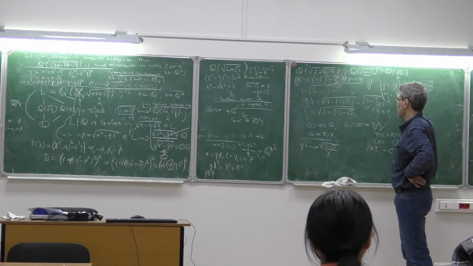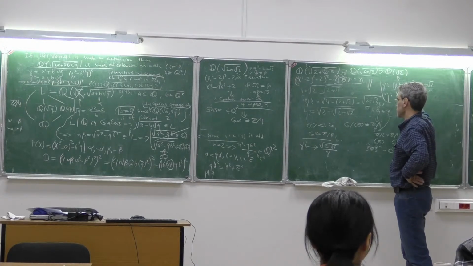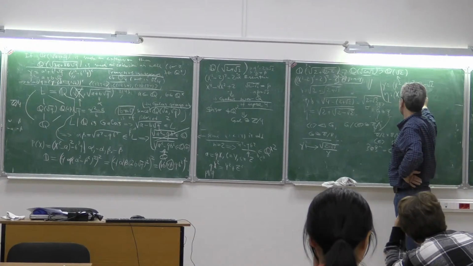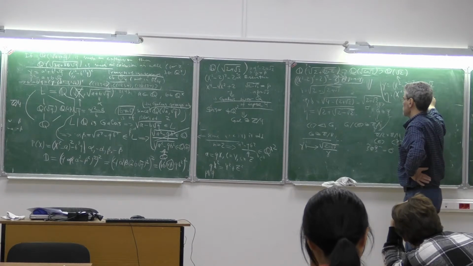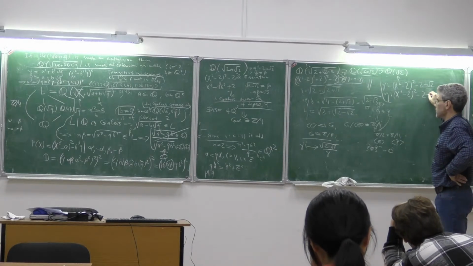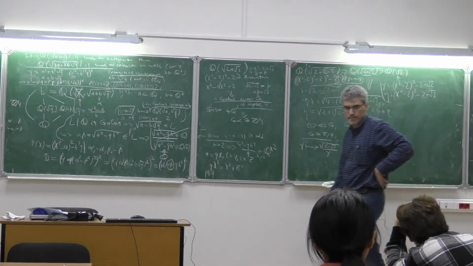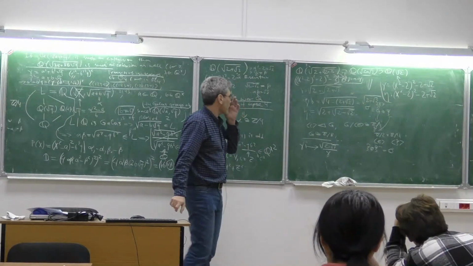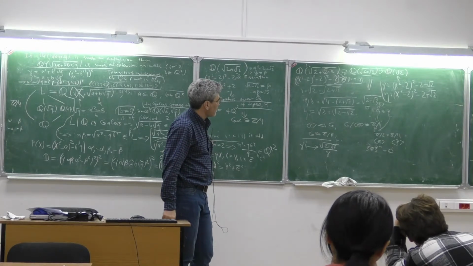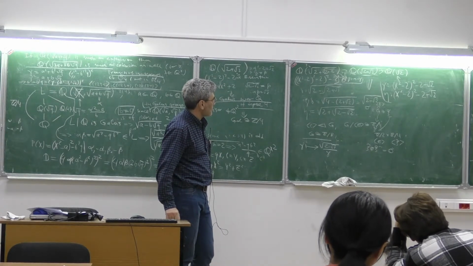So it will be x squared minus 2, squared, minus 2 plus square root of 2. Okay.